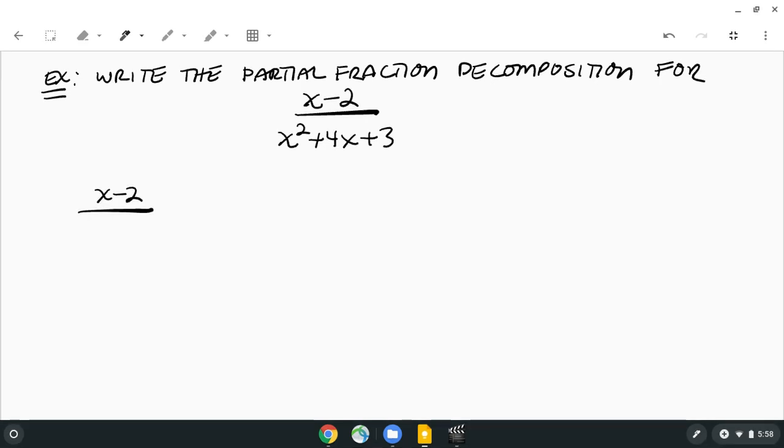Again, the first thing you need to do is factor that denominator. Let me bring the problem down here. Let's factor out that denominator and set up our fractions.